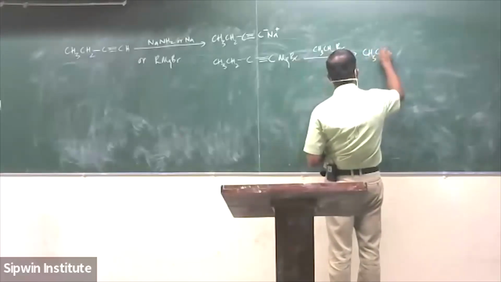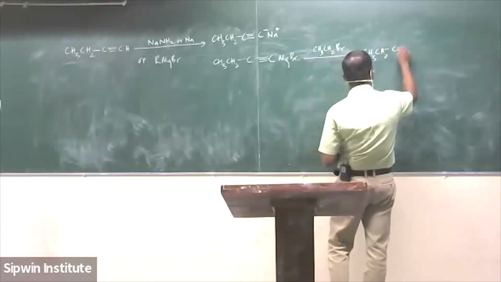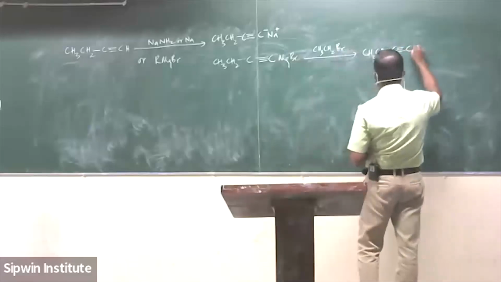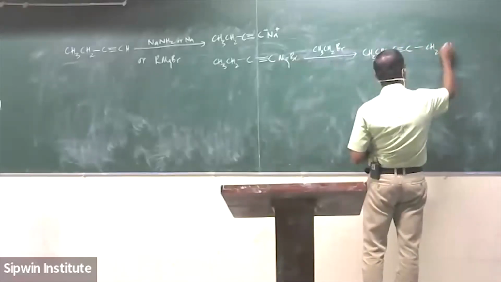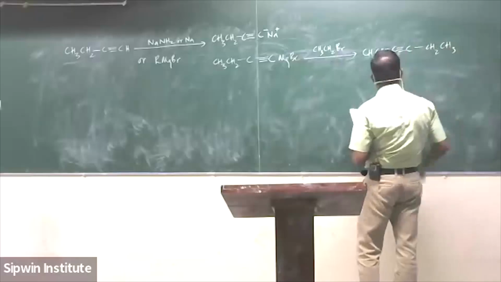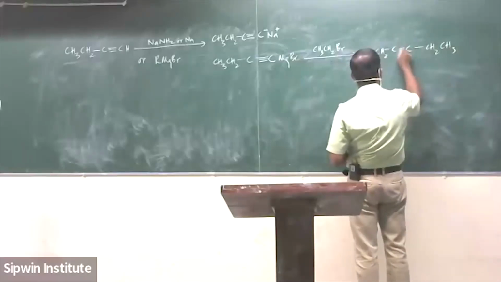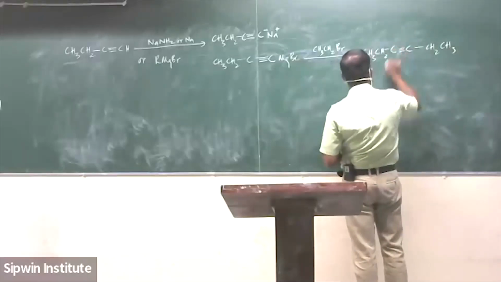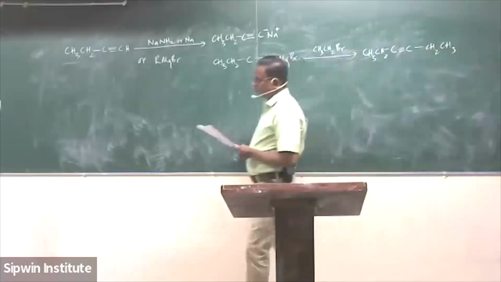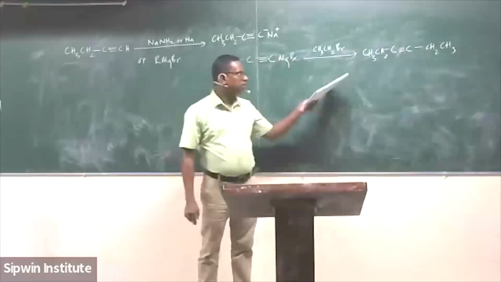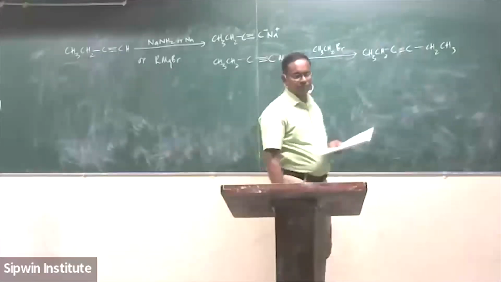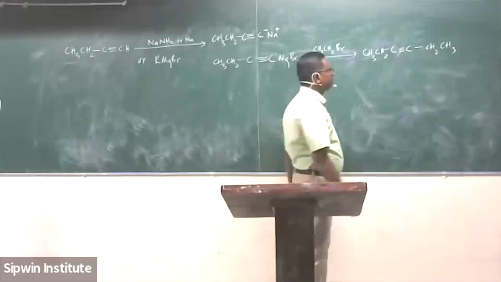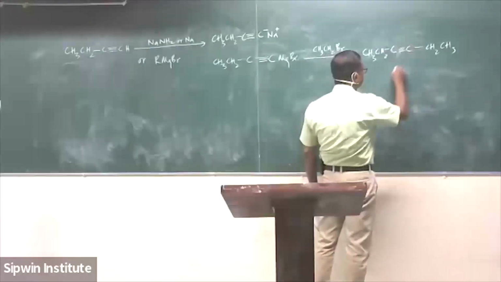CH3 CH2 C triple bond C CH2 CH3. Right, after that you can use the Hg2 plus dilute sulfuric acid, with that double bond O and 2 hydrogen.